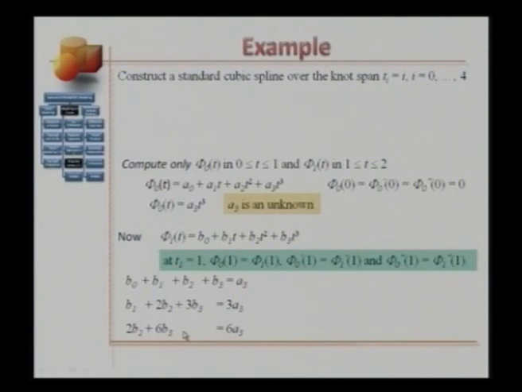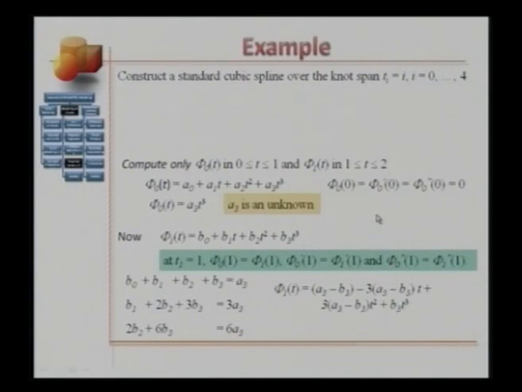We can eliminate some of the unknowns over here. We can write b0, b1 and b2 in terms of b3, which would make phi 1 of t as (a3 minus b3) minus 3 times (a3 minus b3) times t plus 3 times (a3 minus b3) times t squared plus b3 times t cubed.